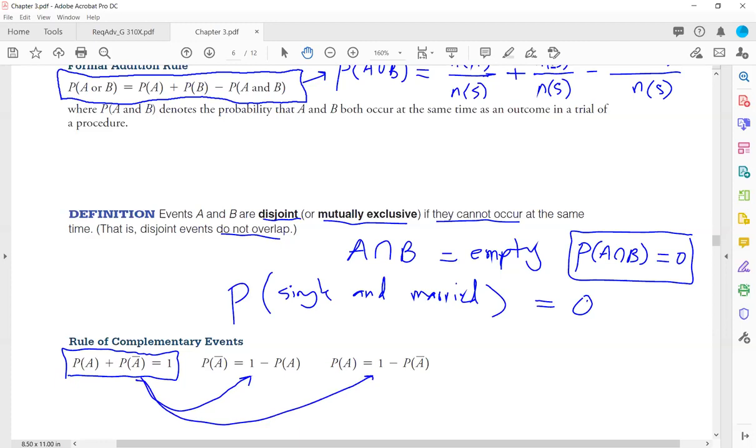If you subtract P of A from both sides, P of A complement is equal to 1 minus P of A. If you subtract P of A complement, the probability of the complement of event A, from both sides, you can find the probability of event A by subtracting the probability of its complement from 1.